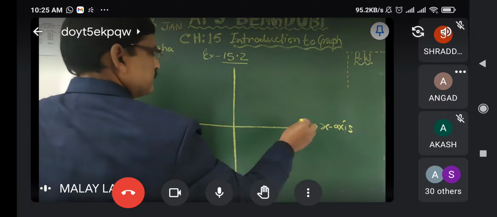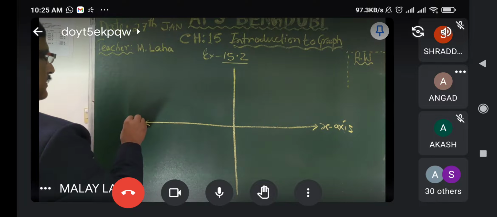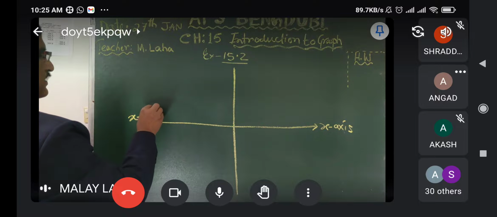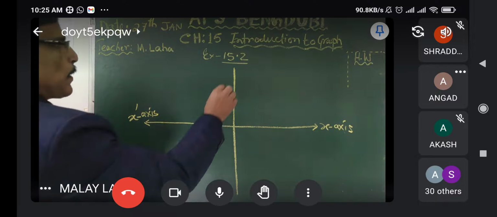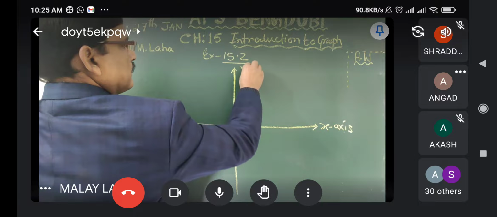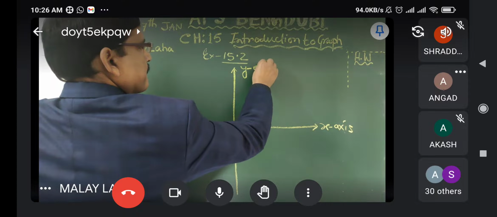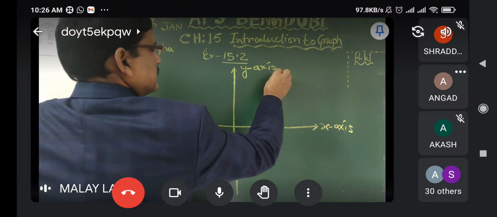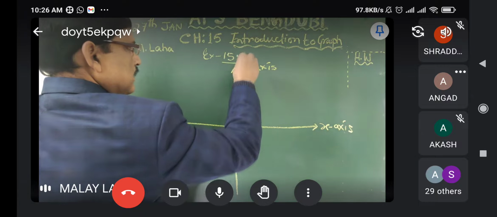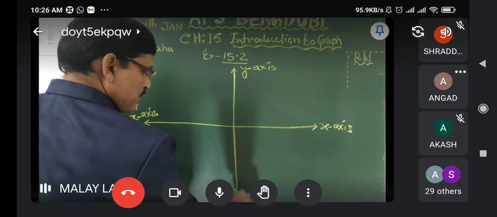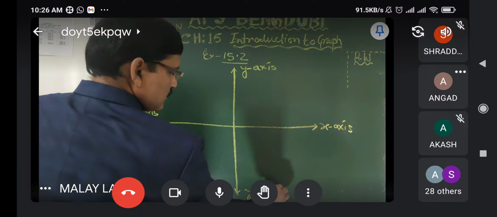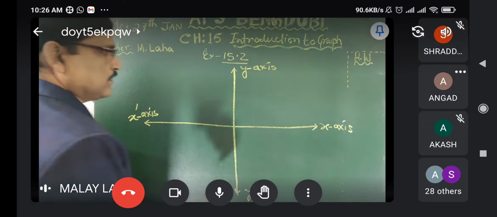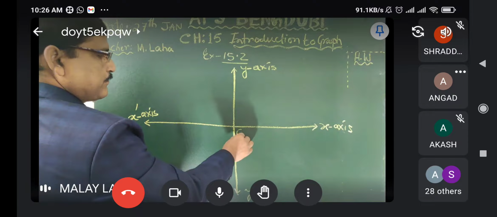This side is positive, and the other side is x dash, the negative side. Then the y-axis: the top part is positive, and the bottom part, y dash, is negative.